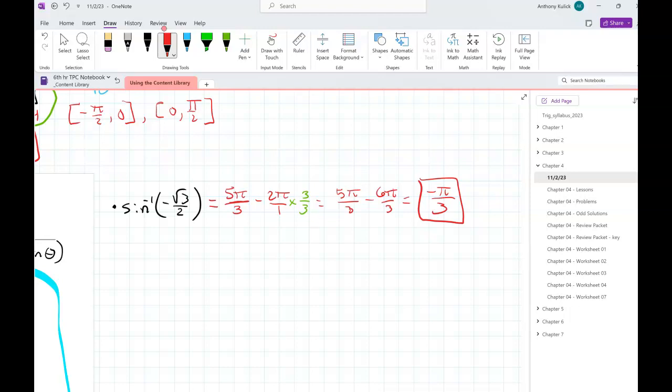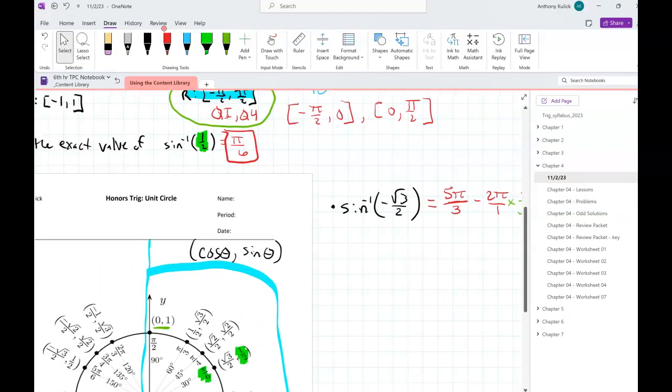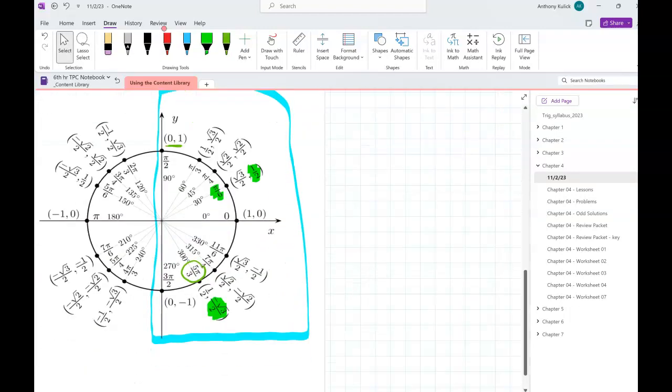Helpful tip. If your angle was in the first quadrant, you won't have to worry about anything. Your answer is going to be your answer. If your angle lay in the fourth quadrant, you're going to have to subtract 2 pi. Boom. Simple, right? So far, so good?